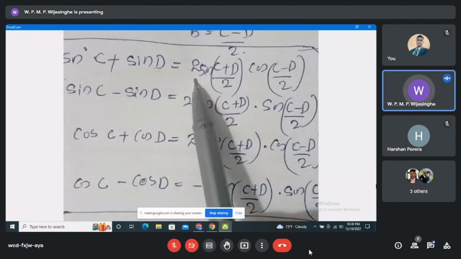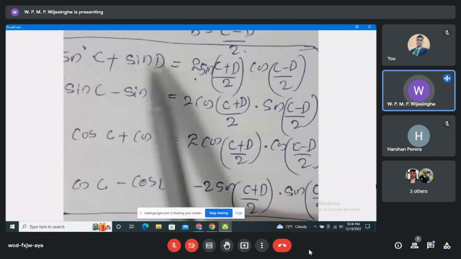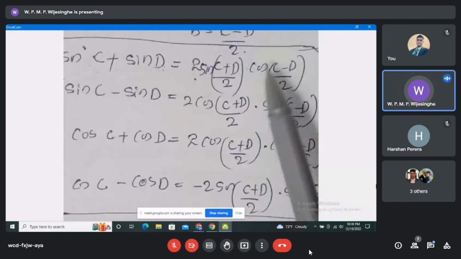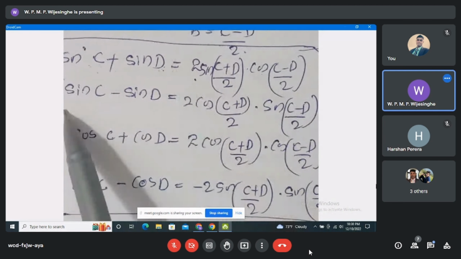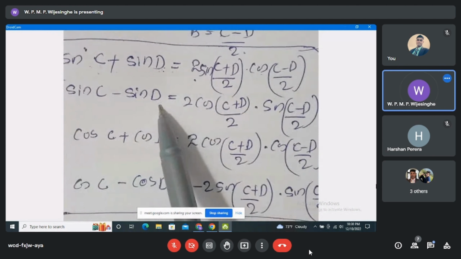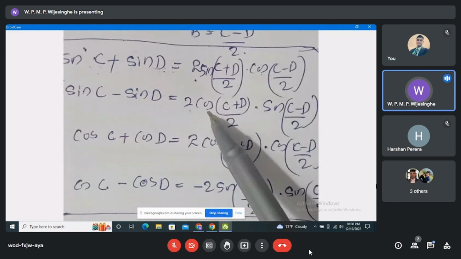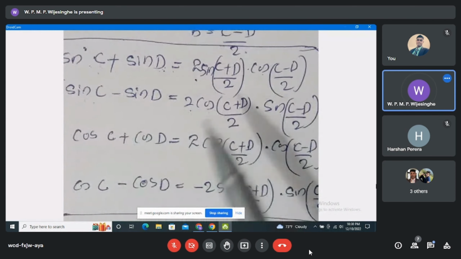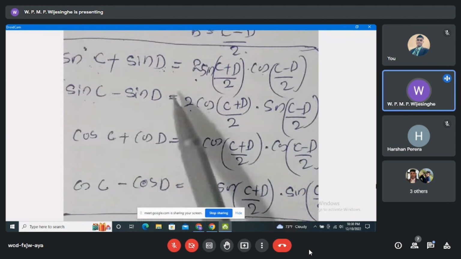First one, 2 sin, half times the addition of these two angles, times cos, half times the difference between these two angles. Sin C minus sin D, right? 2 times cos, half times the summation of these two angles, times sin, half the difference of these two angles.